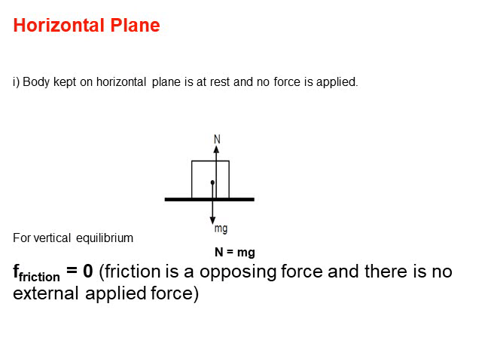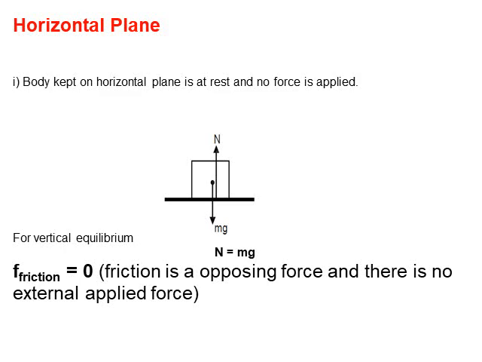Now let's apply this knowledge in different situations. Firstly, the body is kept on a horizontal plane and is at rest and no force is applied. For this, in the vertical equilibrium, frictional force is 0 because frictional force is an opposing force and there is no external applied force.